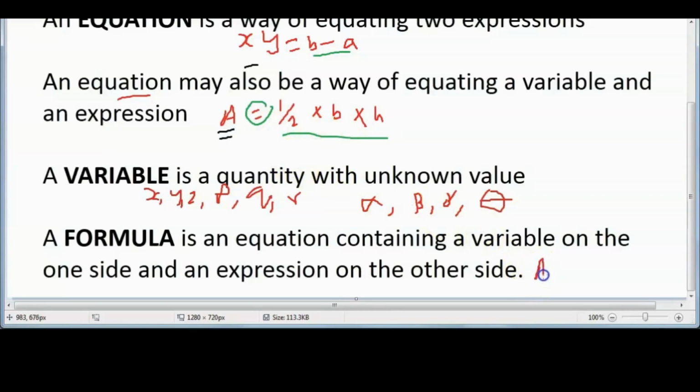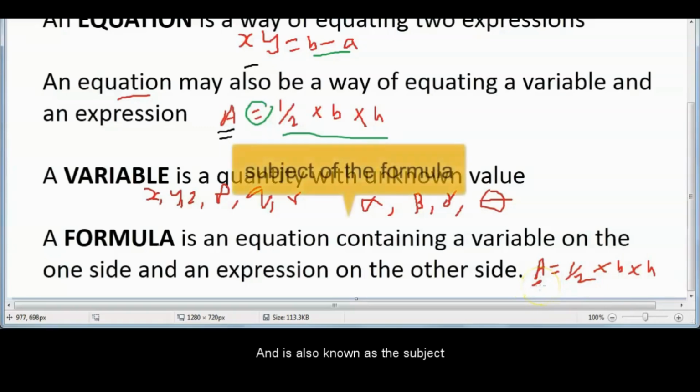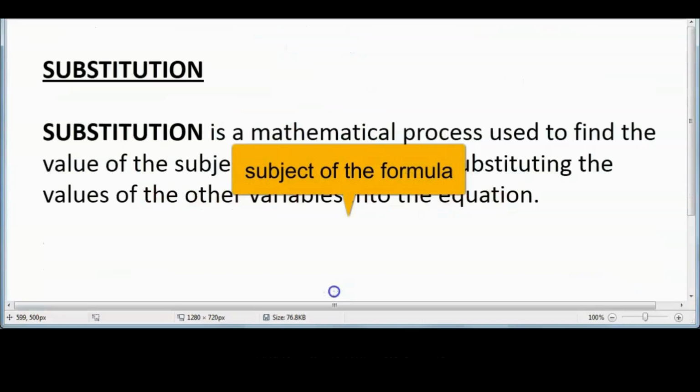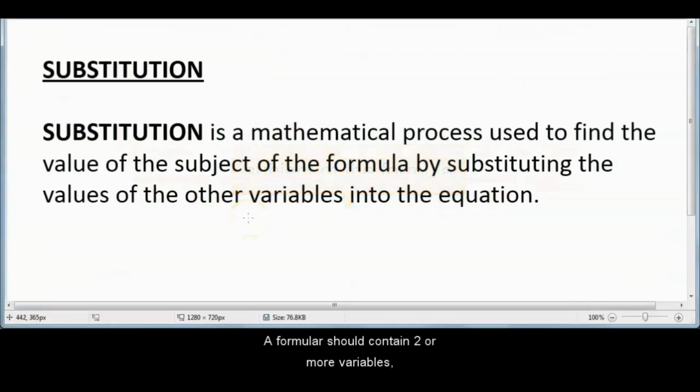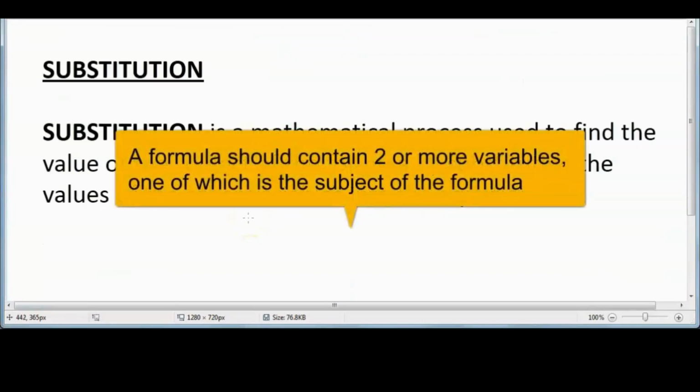A is equal to half times b times h, where A is the variable on one side of the equation and is also known as the subject of the formula. A formula should contain two or more variables, one of which is the subject of the formula.